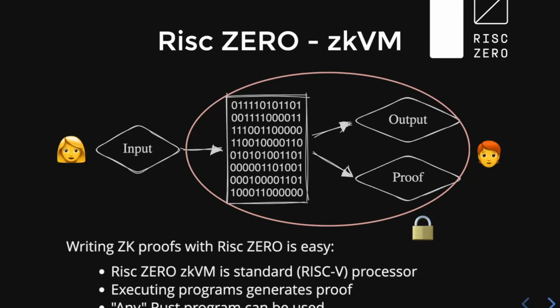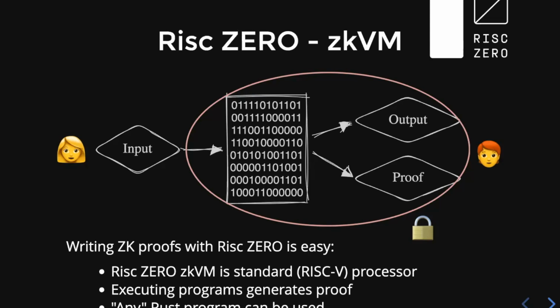And usually writing zero-knowledge proofs is very hard and involves a lot of math. That's why it was a topic of quite a few study club sessions before. And zk virtual machines, zkVMs, and especially RISC Zero, want to make this much, much easier.